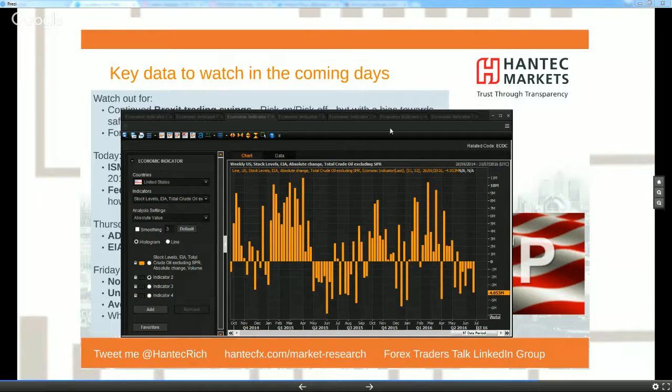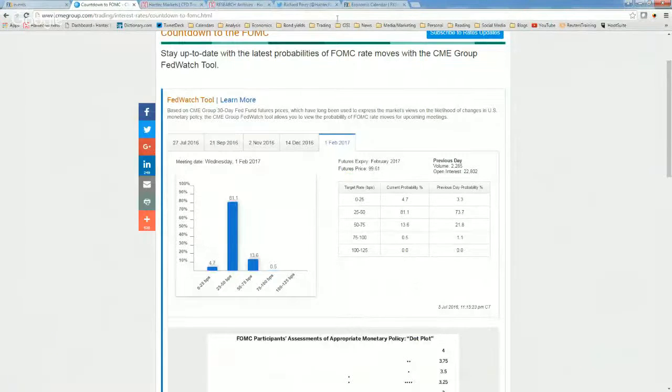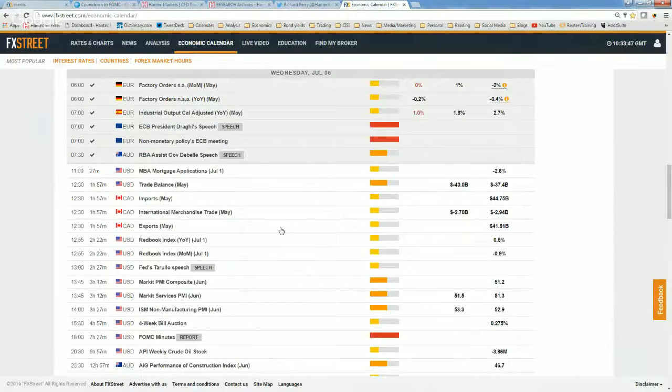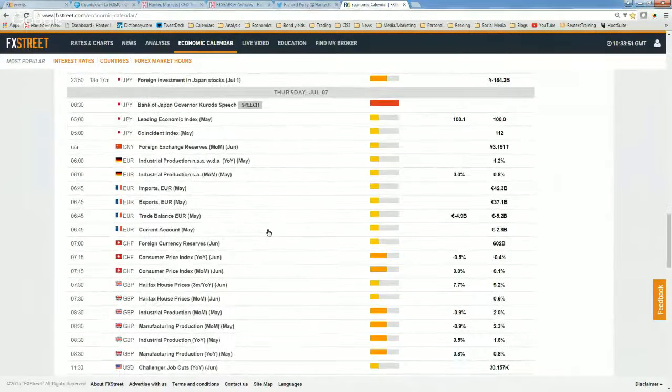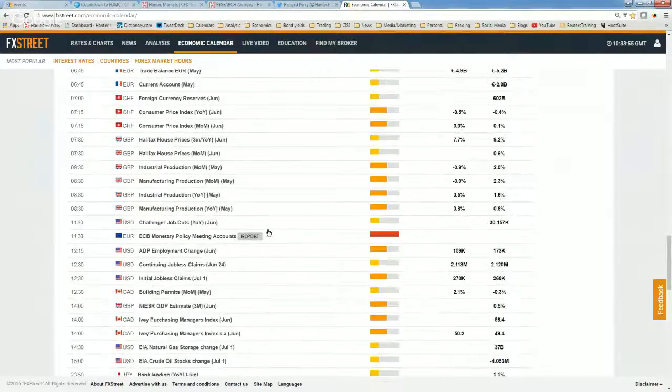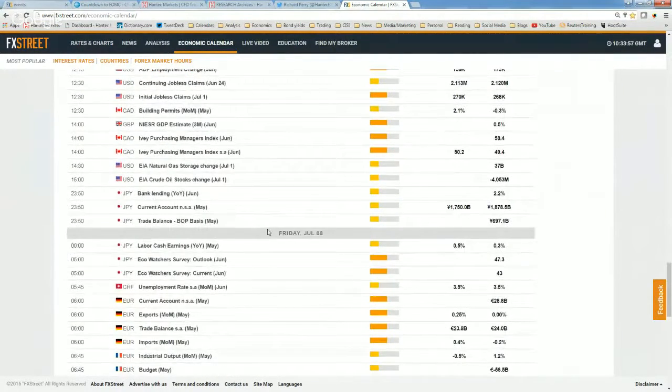Let me just show you. Expected to be another inventory drawdown. Here we go. See FX Street, I'm using your calendar. There you go.